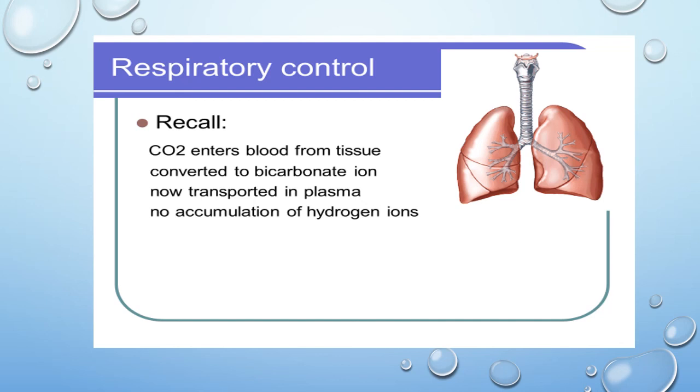Remember, when you talked about the respiratory system previous to this, carbon dioxide enters the blood from tissue and converts to a bicarbonate ion. So CO2 comes from the tissues, it's converted into a bicarbonate ion, which will then be transported in plasma.